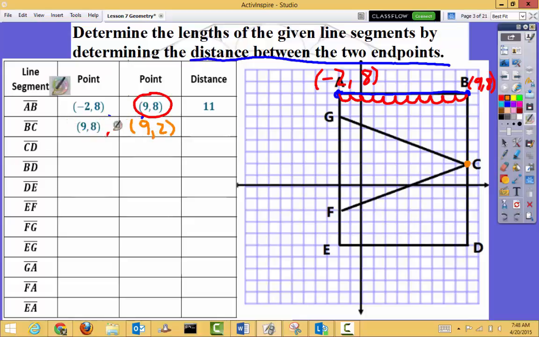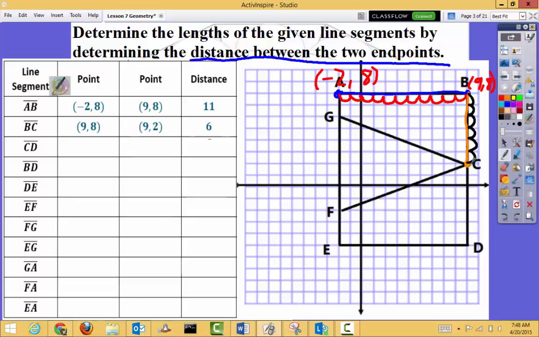Let's check our answers. So now I need to know its distance. How far is it from B to C? Well, let's check. 1, 2, 3, 4, 5, 6. So its distance is 6. Check our answer. Let's go to our next one now.